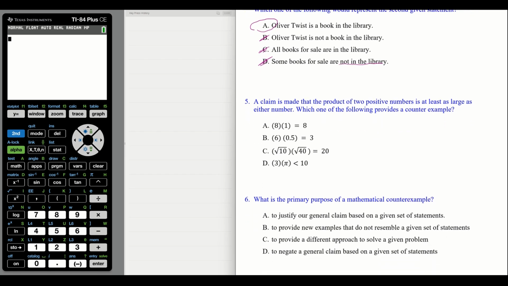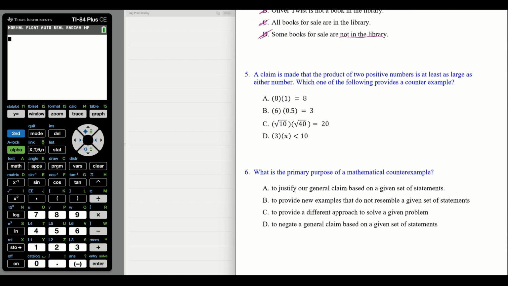Okay, so let's look at number 5. A claim is made that the product of two positive numbers is at least as large as either number. Okay, let me finish reading. I'll get to that. Which one of the following provides a counterexample?